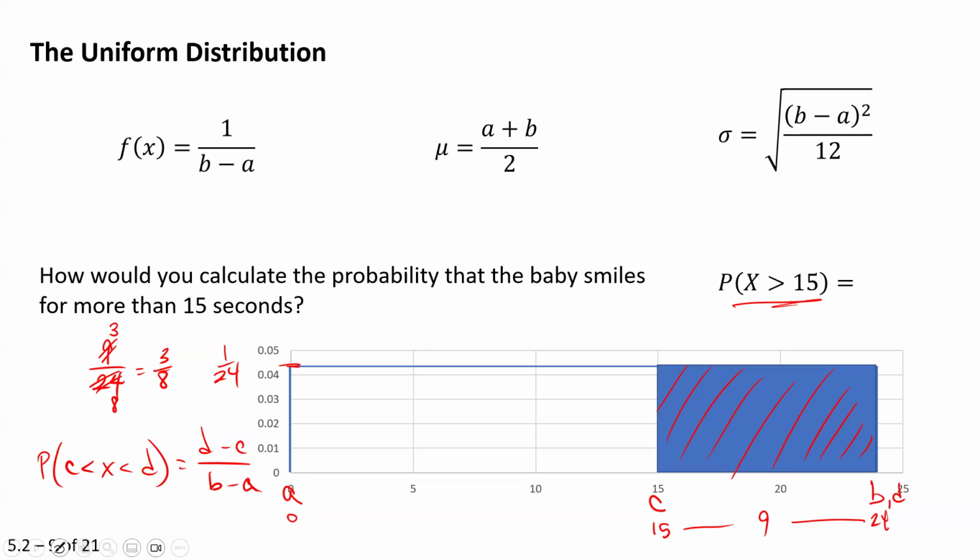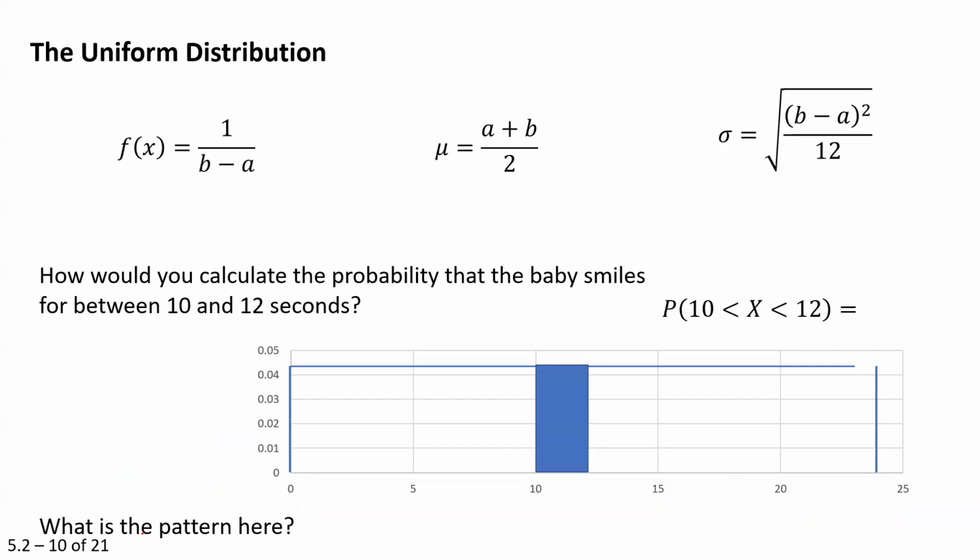Either way, you'll get the same numbers. Okay, so do this one here, either by using A, B, C, and D, or by thinking in terms of the rectangle, height and width.